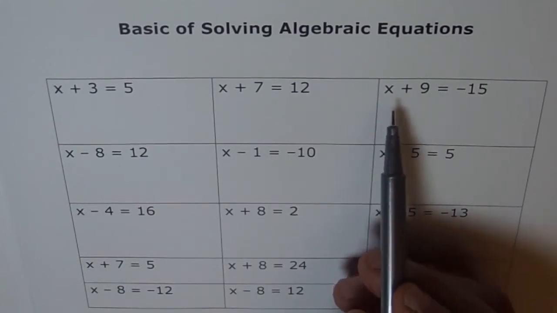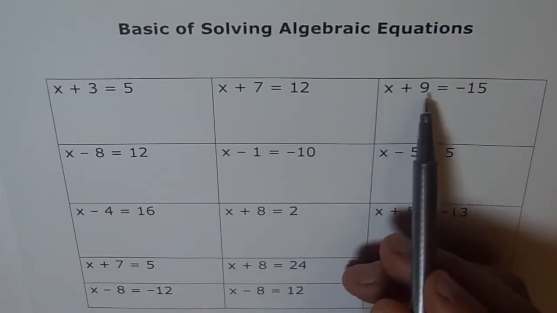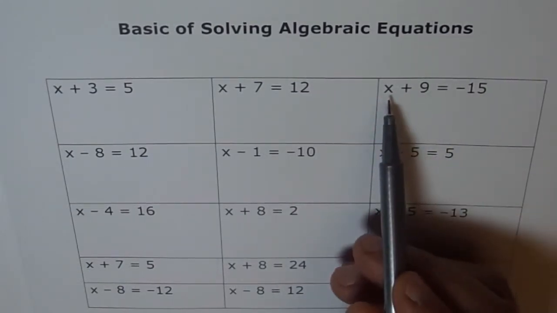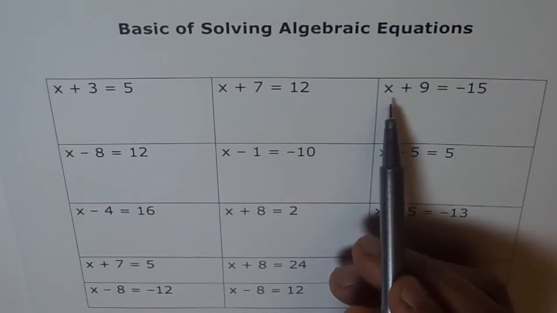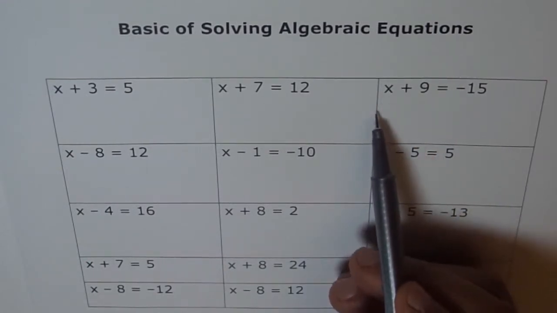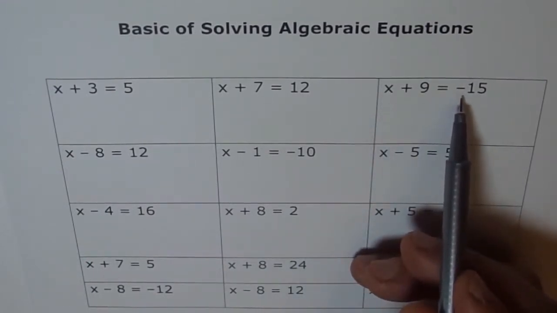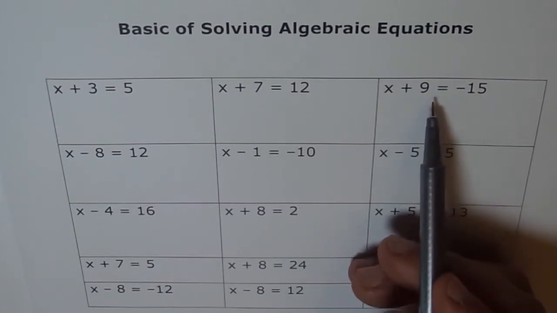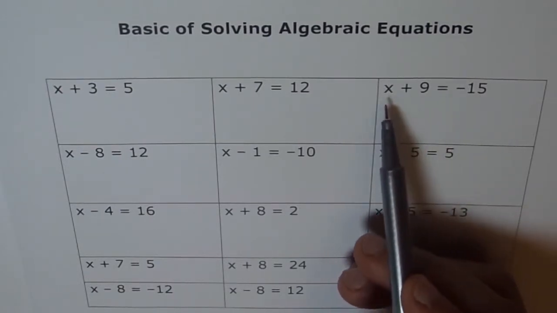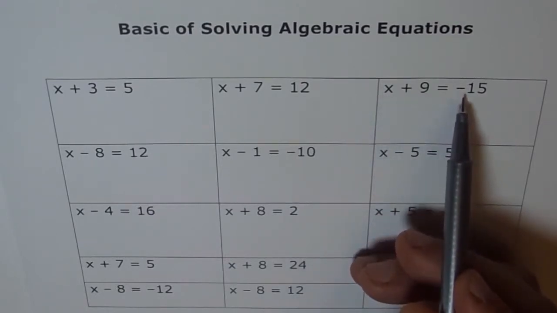Now here when we do the equation x plus 9 equals minus 15, x has to be really very low, a very negative number, so that even if you add 9 to that negative number, you still get a negative number, right? So it turns out to be minus 24. When we add minus 24 to 9, you get minus 15.